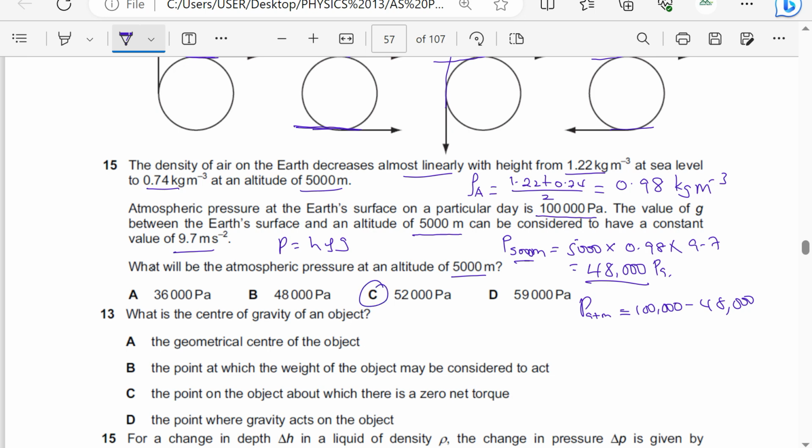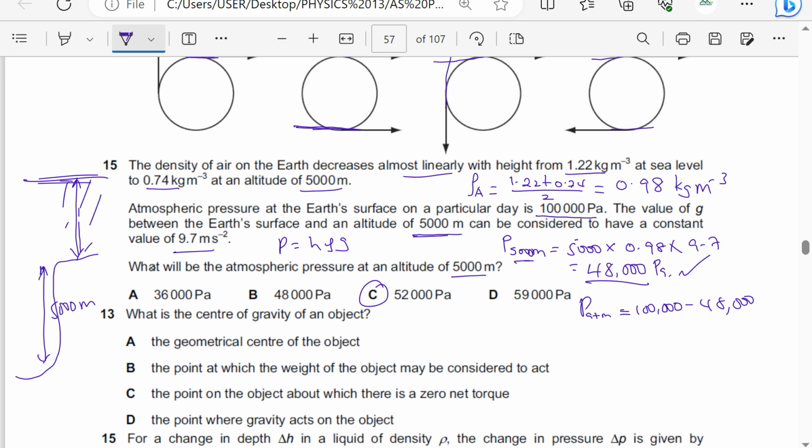The atmospheric pressure decreases as you go higher. Assuming these were the clouds and this is the Earth's surface, when you go to a height of 5,000 meters, the atmospheric pressure at that height is the pressure due to this part here.